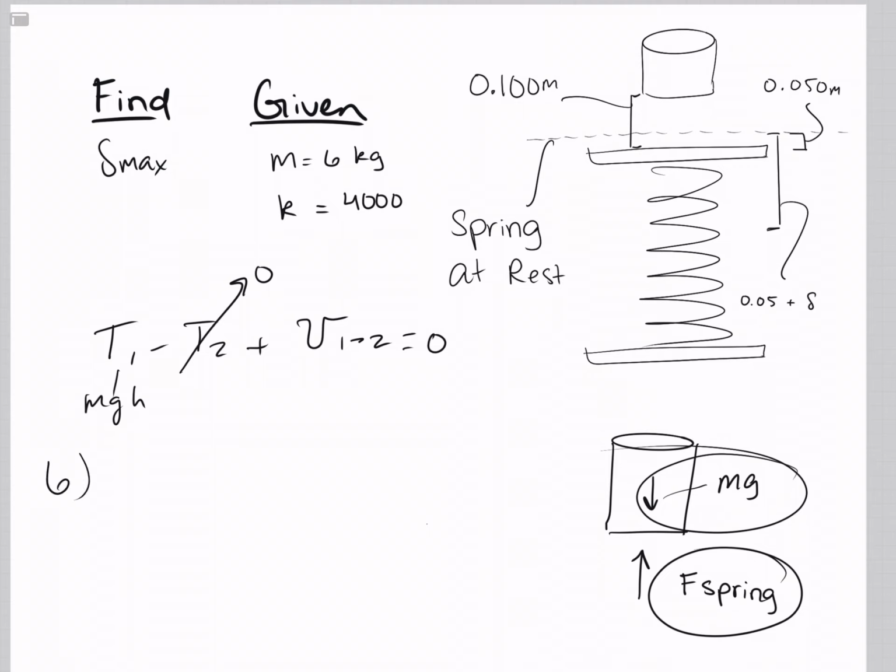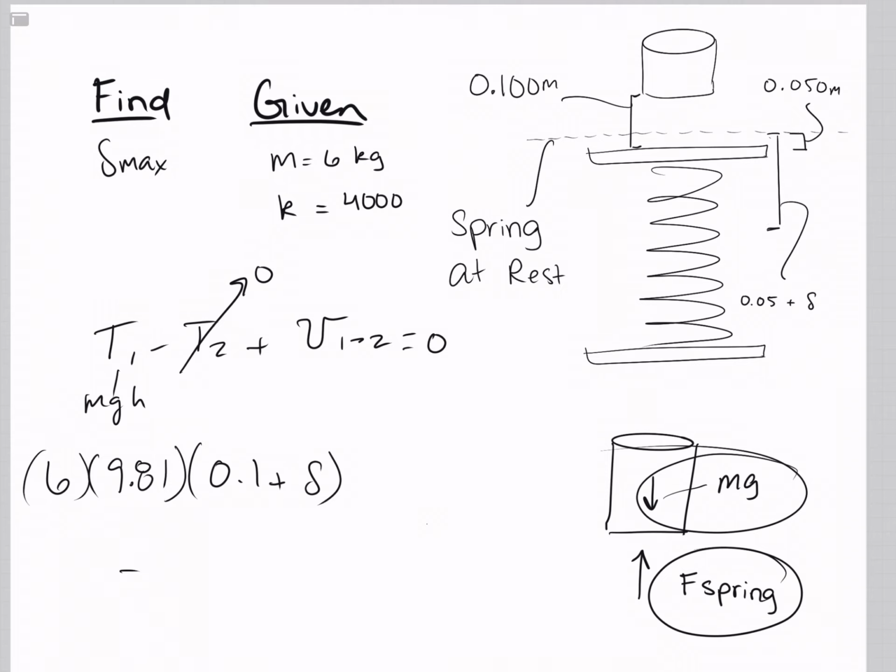So mgh we can consider, with the mass is 6 kilograms times g, and that height traveled is the 0.1 meters, the distance between the cylinder and the top of the spring, as well as the deflection here. So that is going to be 0.1 plus delta.